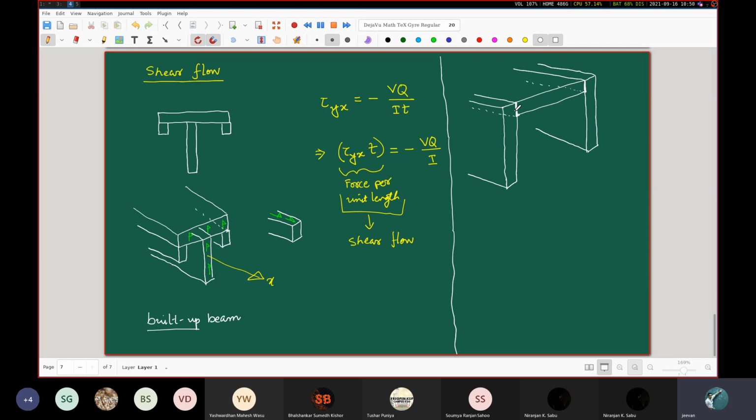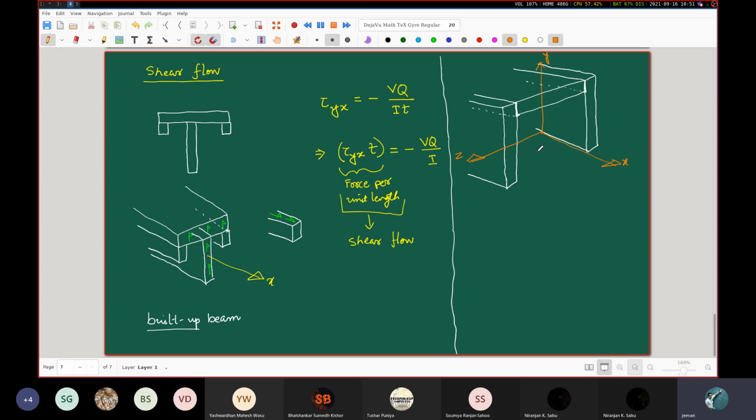Now, please note that on those vertical planes, if you consider your y-axis to be like this, your z-axis like this, and your x-axis like this, then those vertical planes are parallel to the xy plane, and the unit outward normal to them is along the z-axis.